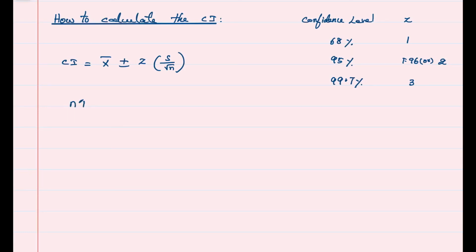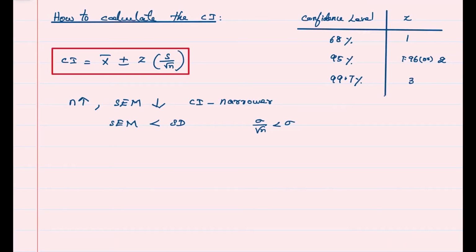So if n is very large, we know that the standard error of mean will be very small. Therefore, the confidence interval will be narrower. Smaller confidence interval it will be. And the standard error of mean is always less than the standard deviation sigma. Because standard error of mean is sigma by root n, it will be lesser than sigma.